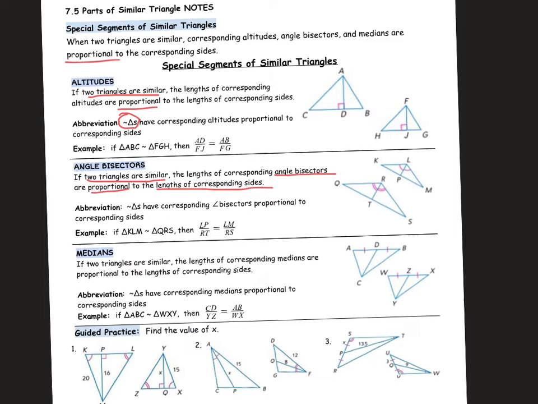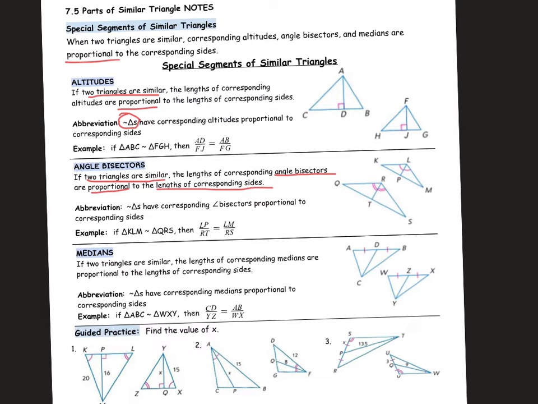So in triangle KLM, if it is similar to QRS, then LP, the angle bisector, must be proportional to RT, the angle bisector, in the same proportionality that LM is proportional to RS, the corresponding side of that triangle.